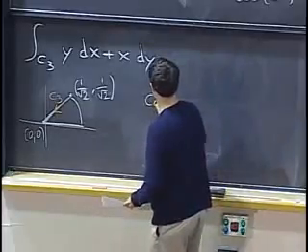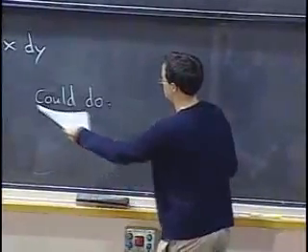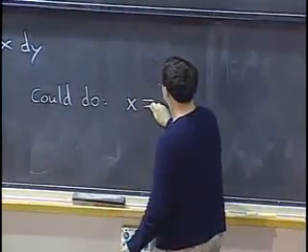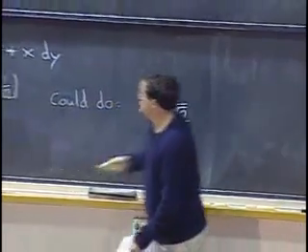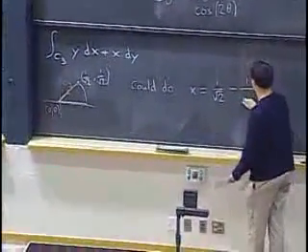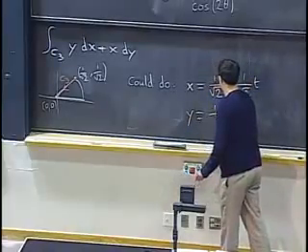So what we could do is say, let's parameterize this line. So we start at 1 over root 2, and we go down by 1 over root 2 in time 1, and same with y.